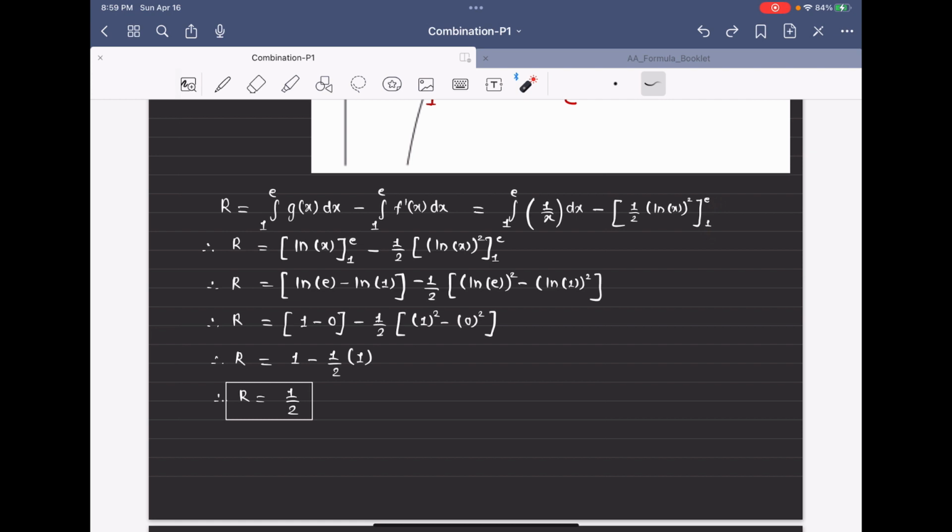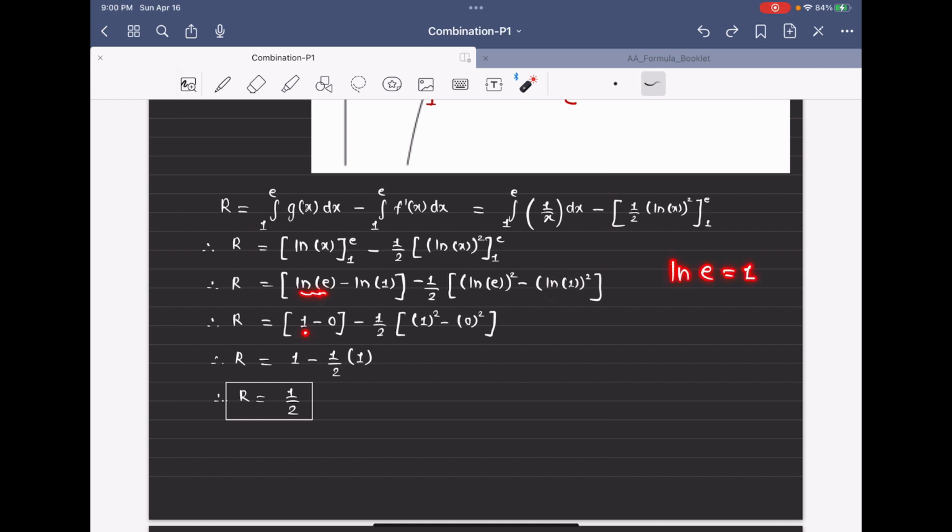Now start substituting the upper limit and lower limit. For the x value, first take e, so ln of e, minus the lower limit ln of 1, minus 1 by 2, x value take as e, ln of e bracket square, minus ln of 1 bracket square. Ln of 1 is 0. Ln of e is 1.